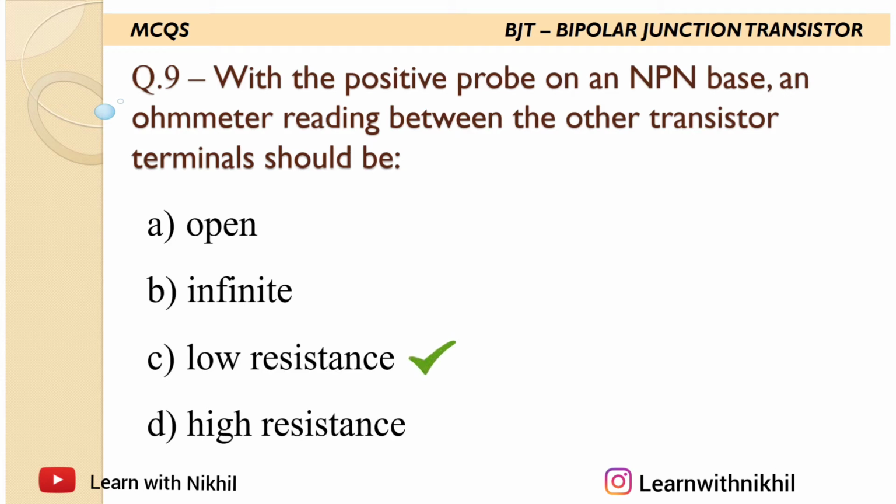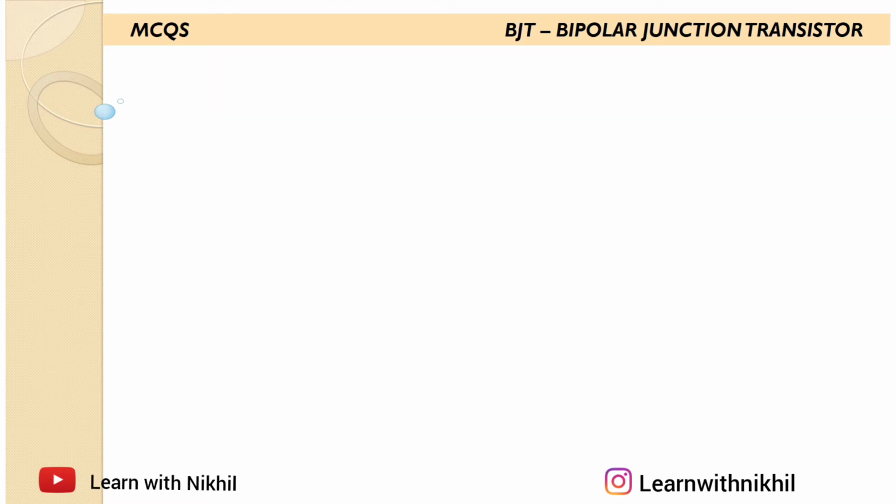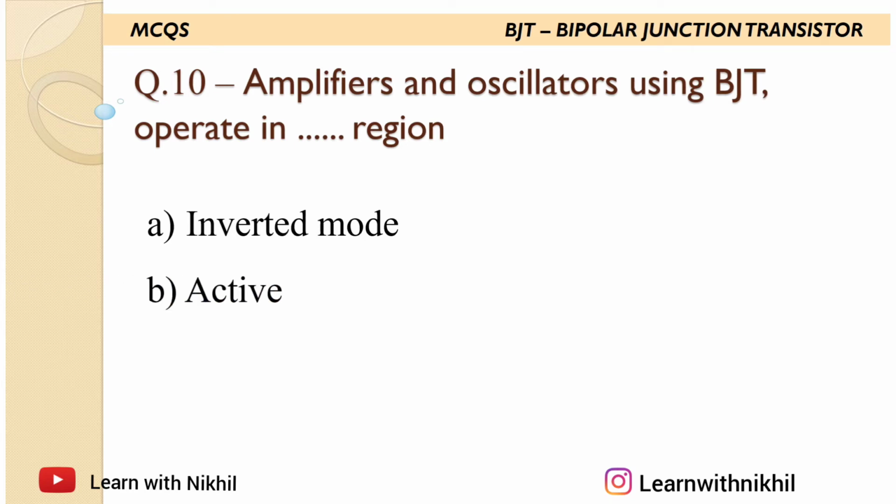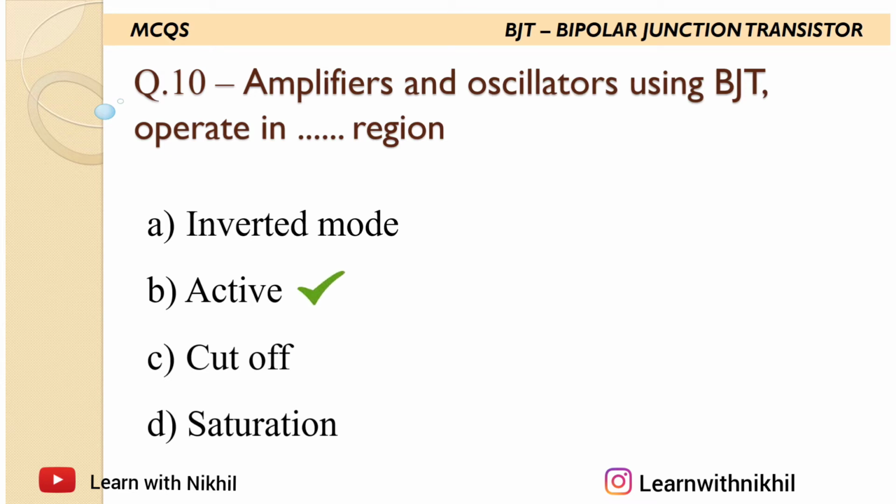And the answer is low resistance. Next question. Amplifiers and oscillators using BJT operate in dash region. A, inverted mode; B, active mode; C, cutoff; or D, saturation. And the answer is active region.